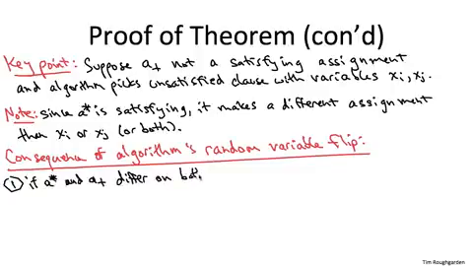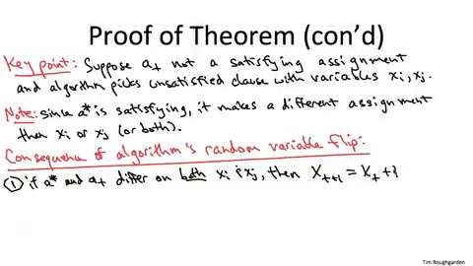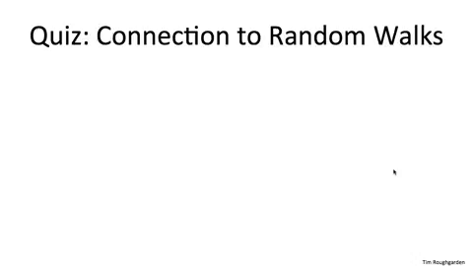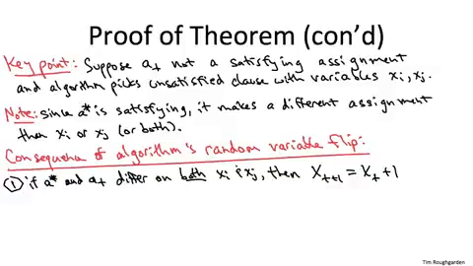Now the situation in which this is guaranteed to be good for us is where we gave the opposite assignment to both x_i and x_j relative to the assignment a star. If both of our value assignments to these variables was the opposite of a star, then whichever one we flip, we are going to share one more variable in agreement with a star than we did before. That is, in our previous notation, x sub t plus 1, the number of variables on which we agree next time step, will be guaranteed to be one more than it is right now.